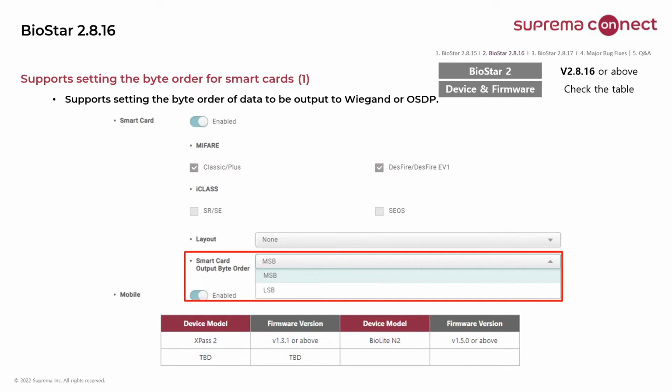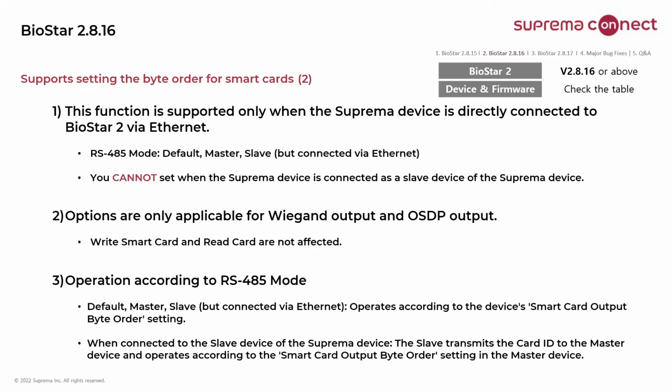This function is supported by the latest firmware version of XPass 2 and BioLite N2, and please refer to the table below for the firmware version of each device. However, this feature has some limitations. This function is supported only when the Suprema device is directly connected to BioStar 2 via Ethernet, or RS-485 mode default, master, or slave but connected through Ethernet.